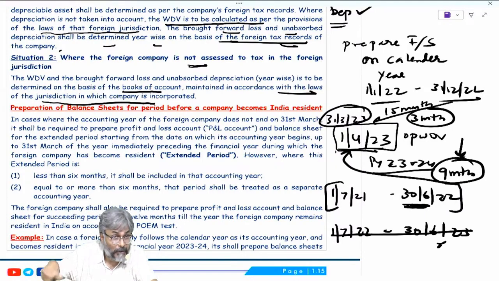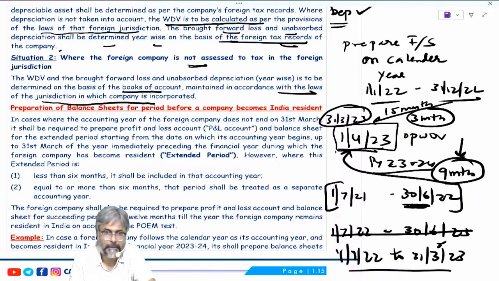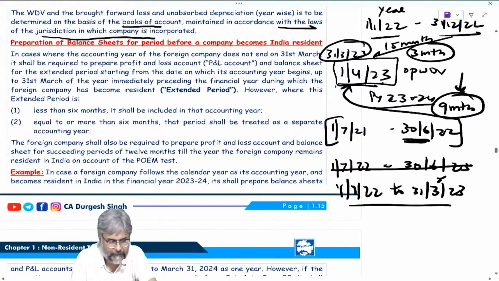In my second example, because the difference was more than 6 months, we will prepare a separate financial statement for that difference period, which is 9 months, from 1st of July 2022 to 31st March. This is the financial statement that I will prepare in the second case. I hope that all of you are clear with this one.